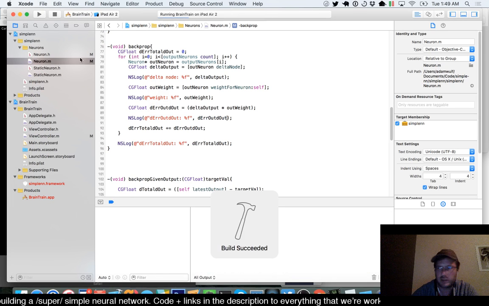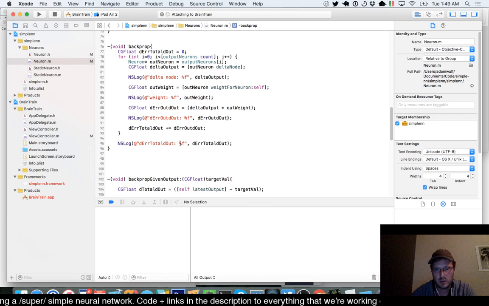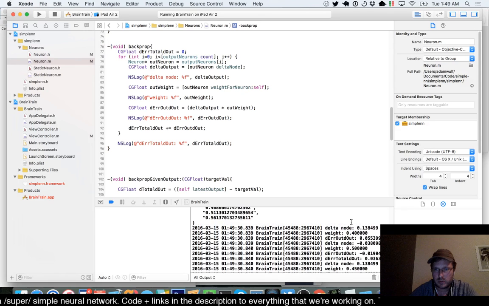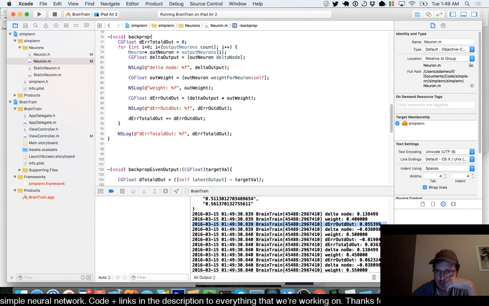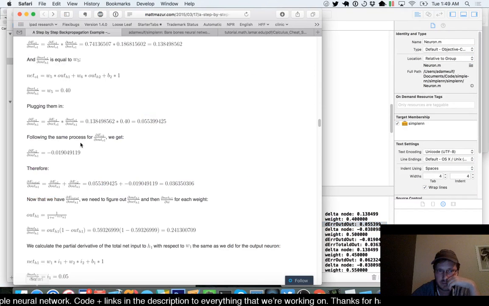Try to actually output the correct value. And now we have 0.05.